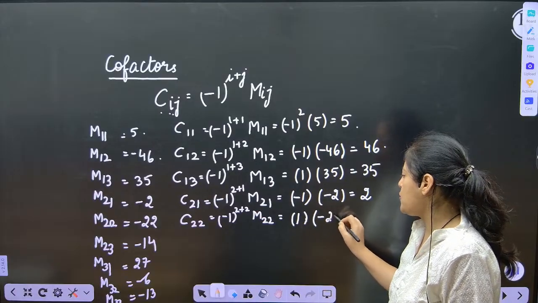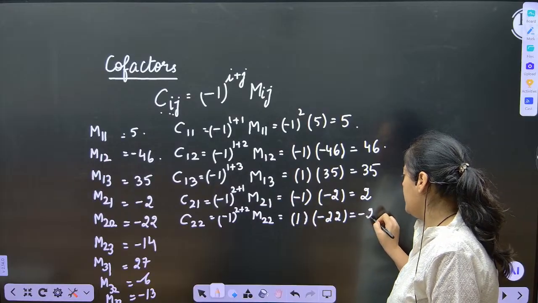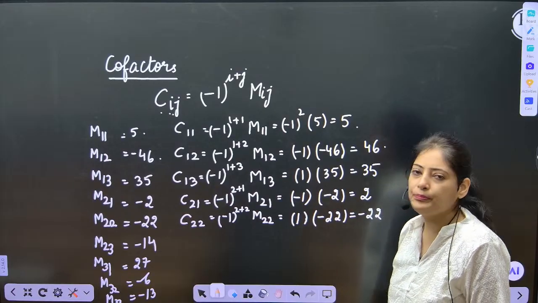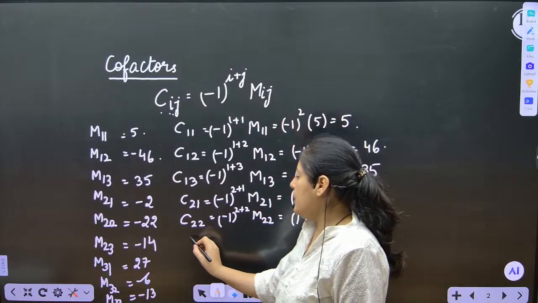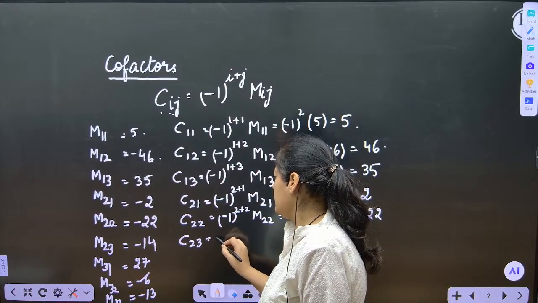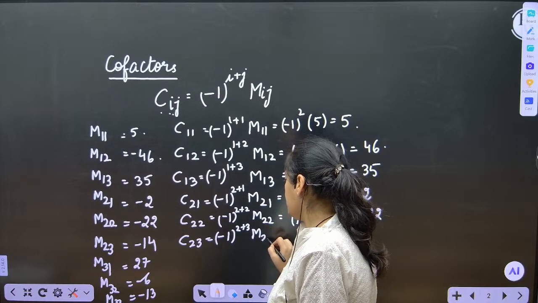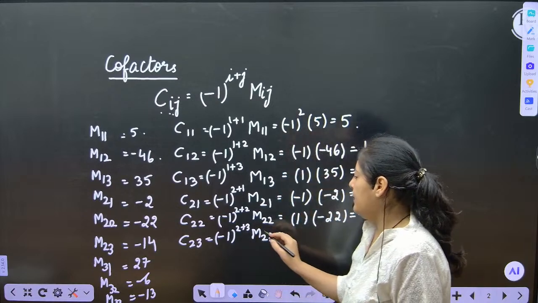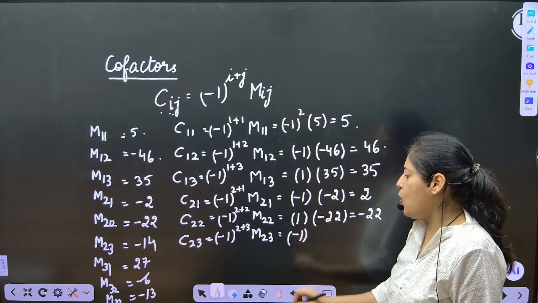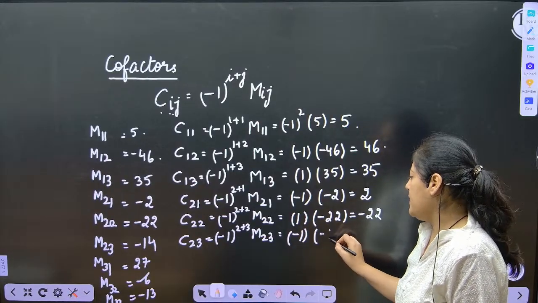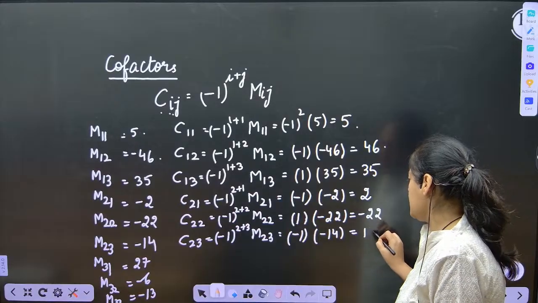M22 is minus 22, so minus 22 as it is. Similarly, C23: minus 1 raised to 2 plus 3, M23, it will come out to be minus 1 because odd power, and minus 14, minus minus plus.